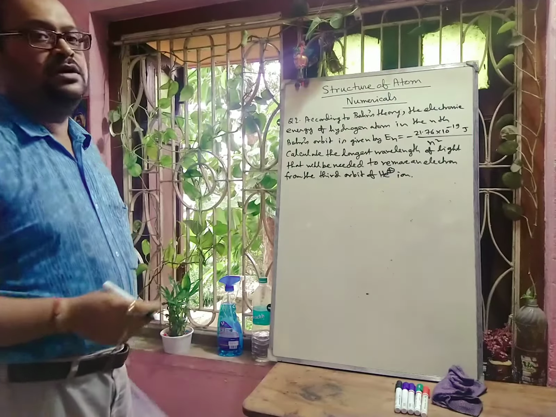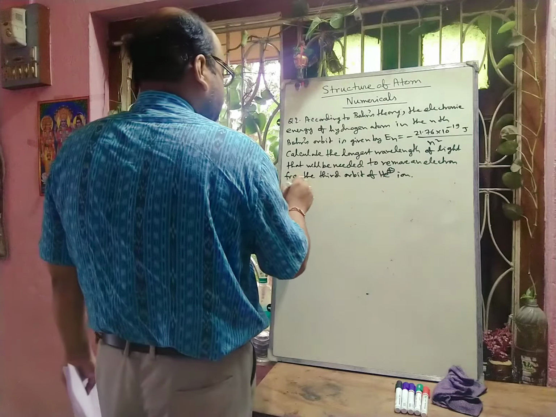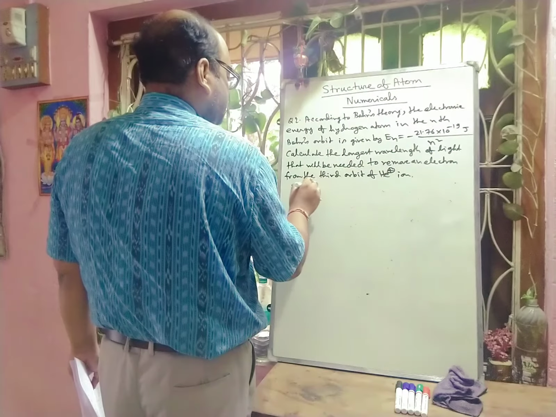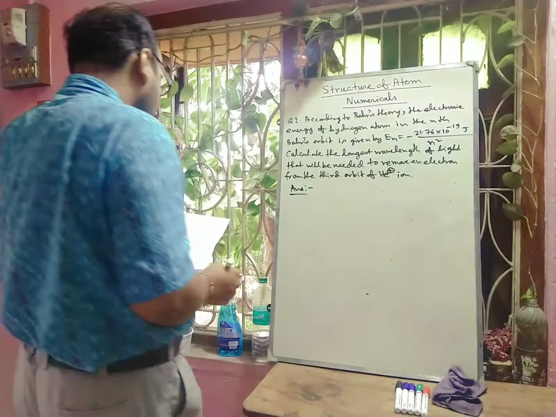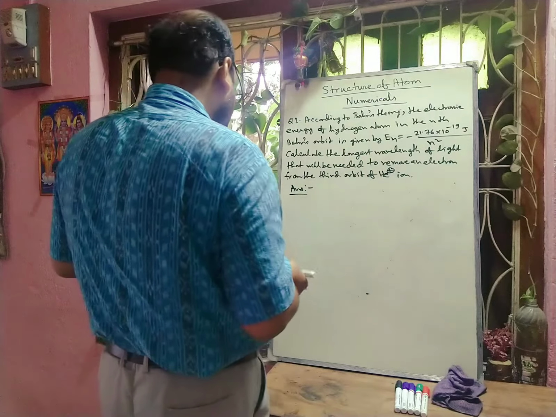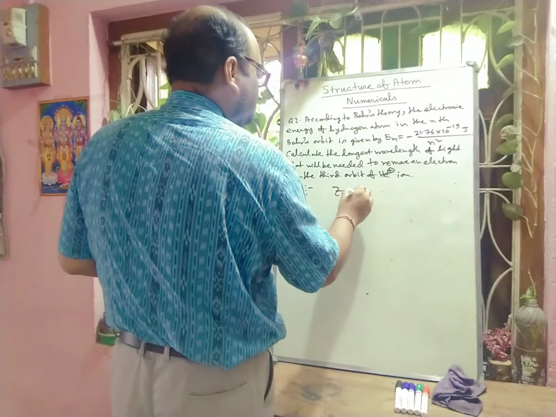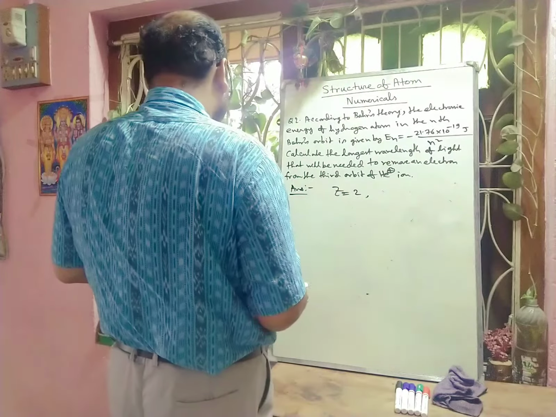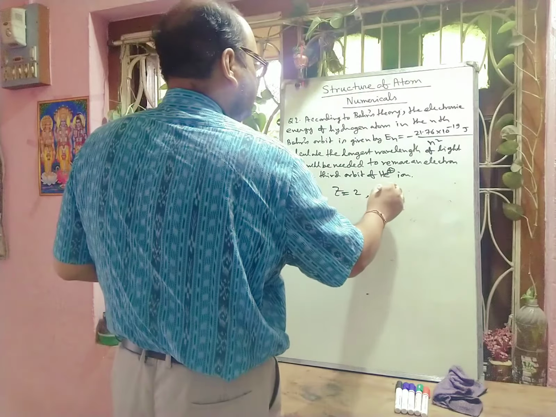Now here we will solve this problem. First of all, it is helium, so here Z is equal to 2 and n is equal to 3.